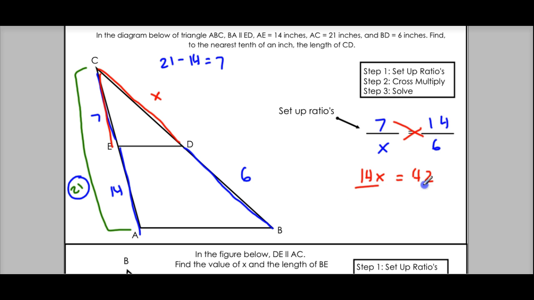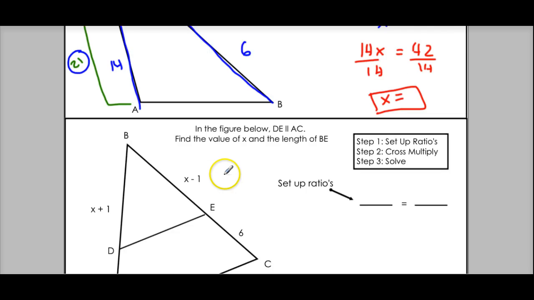We divide both sides by 14, and we get X is equal to 3. Perfect. And like I said, do these seem proportional? 7 is to 3 as 14 is to 6. That is proportional. When we double 7, we have to double 3, and we get the same answers.